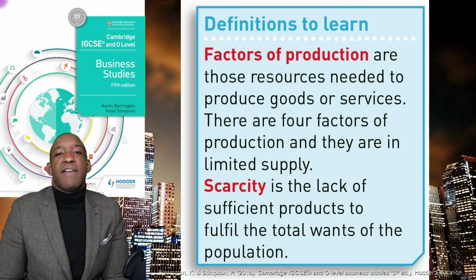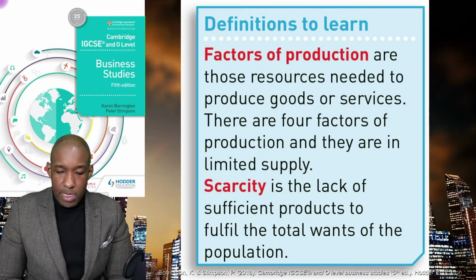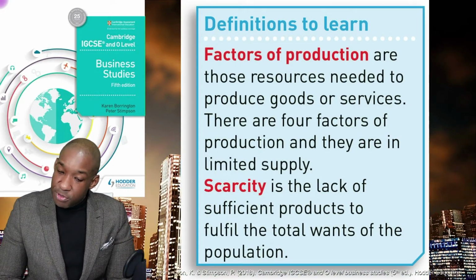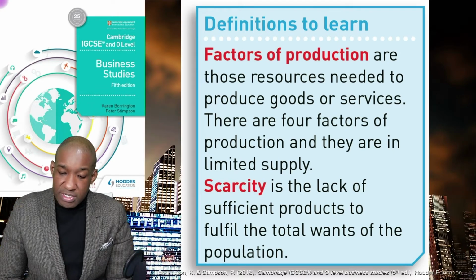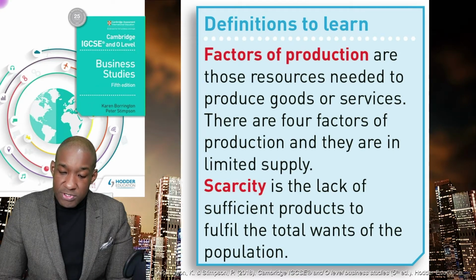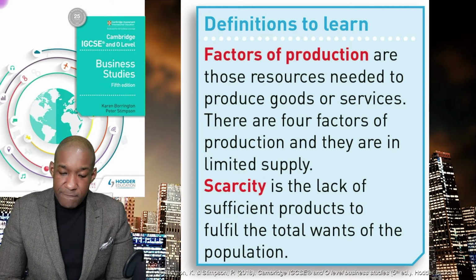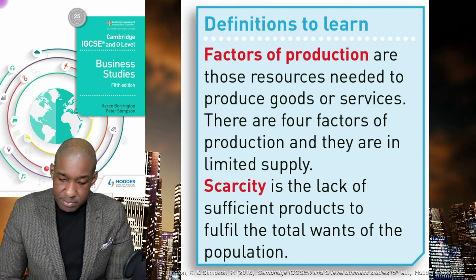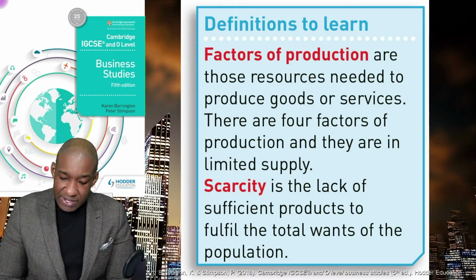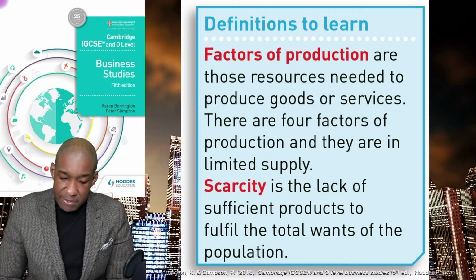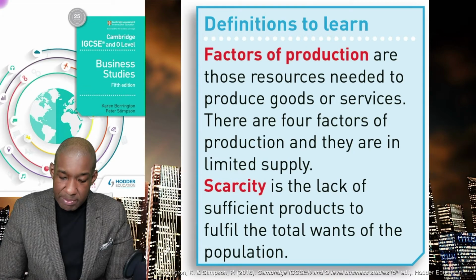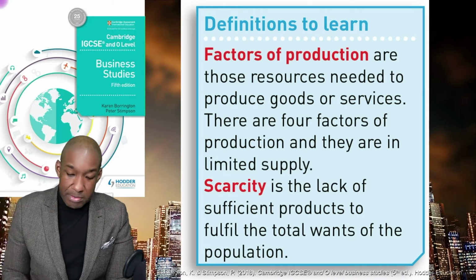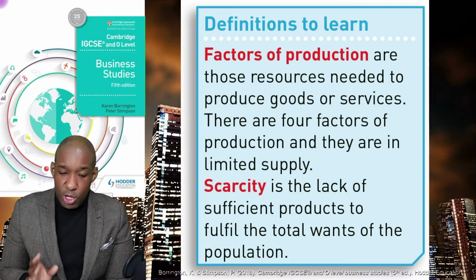So we have 2 more definitions that you need to learn. Factors of production are those resources needed to produce goods or services. There are 4 factors of production and they are in limited supply. Scarcity is the lack of sufficient products to fulfill the total wants of the population. Remember, there are unlimited wants, so there will always be scarcity.